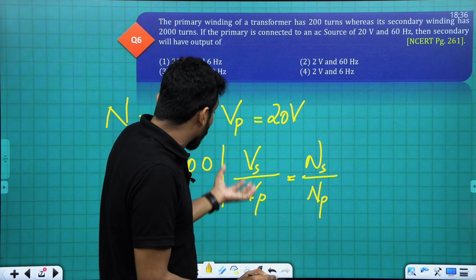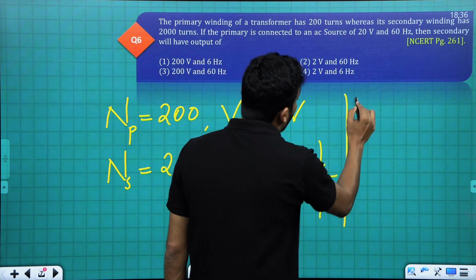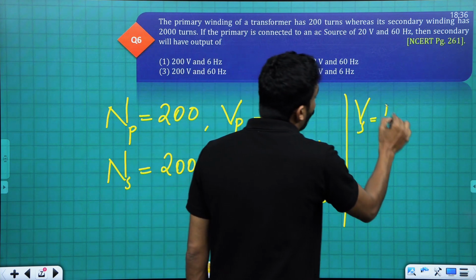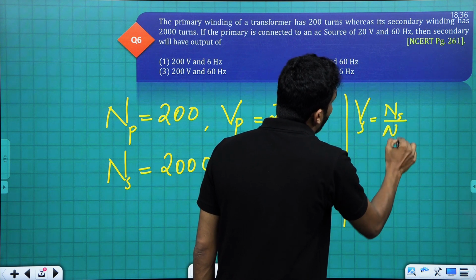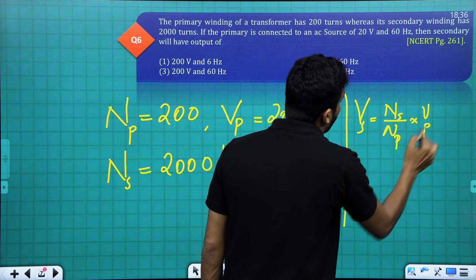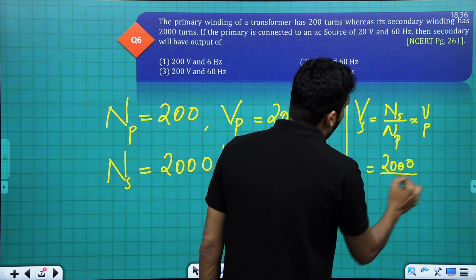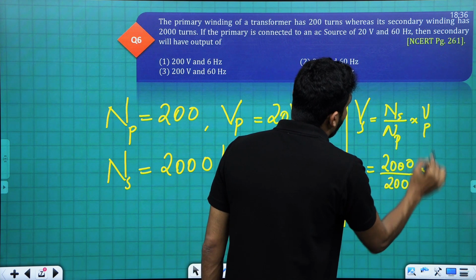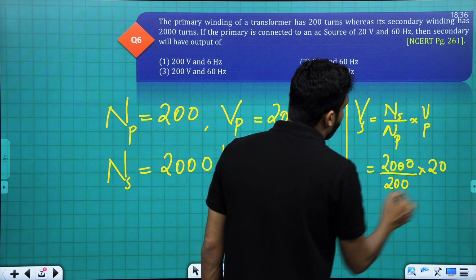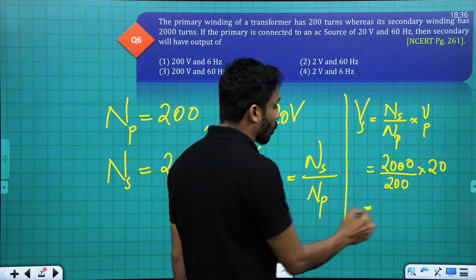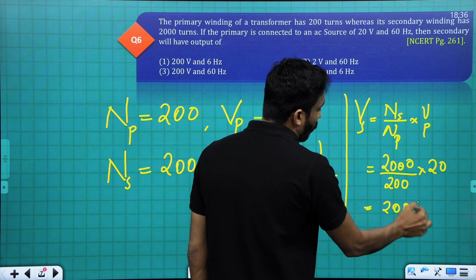The voltage across the secondary is equal to Ns by Np into Vp. Very direct. Ns is 2000, Np is 200, then Vp is 20. 2000 by 200 is 10, 10 into 20 is equal to 200 volt.